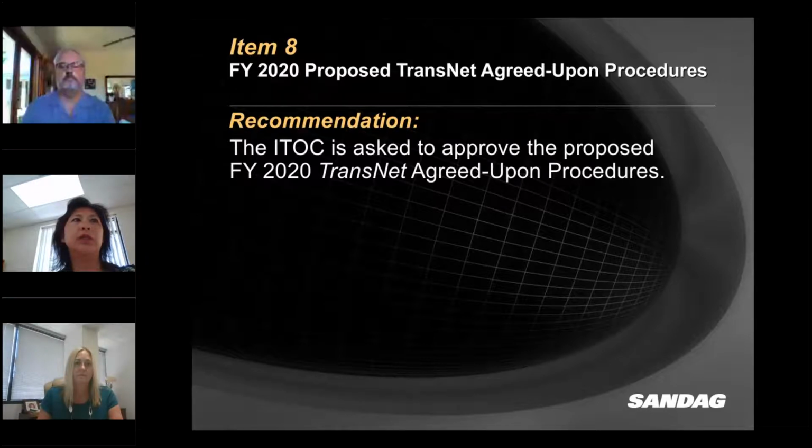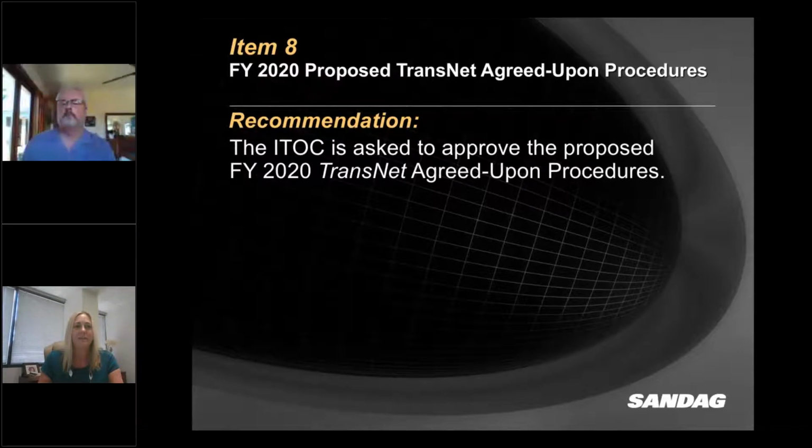All members of the subcommittee are in agreement with the proposed AUP being presented today. Jennifer Farr will now take you through the agreed upon procedures. After Jennifer completes her presentation, I will present today's recommendation. Now I'm going to turn it over to Jennifer.